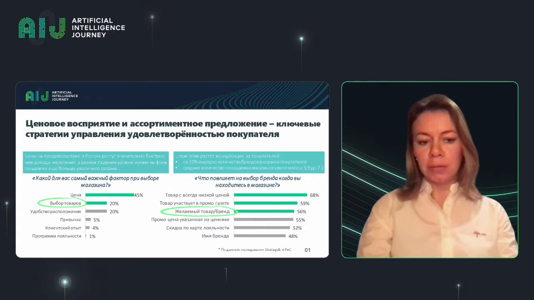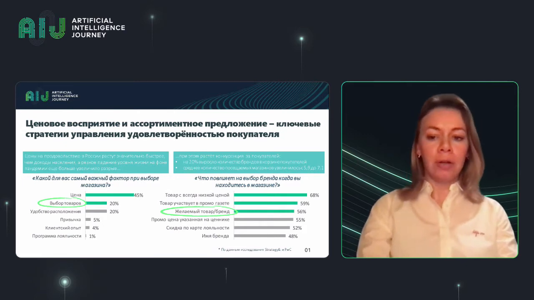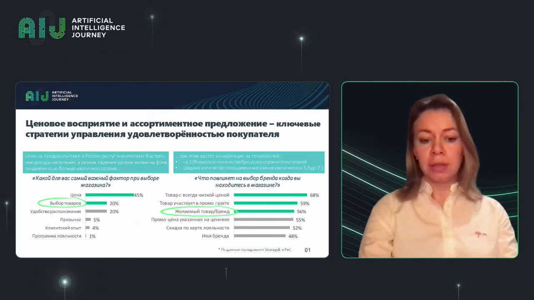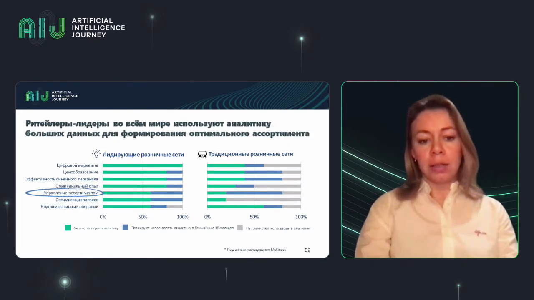Therefore, price adaptation and assortment localization can play an important role. In fact, perception of prices and perception of assortment tend to be the key factors determining the choice of stores, grocery stores, I guess, by consumers.